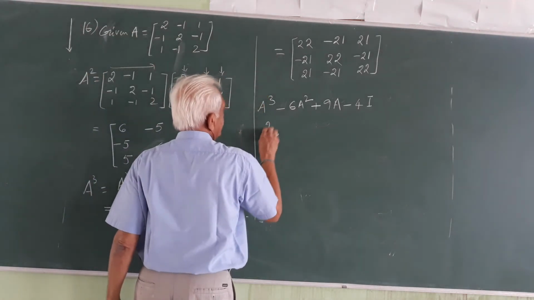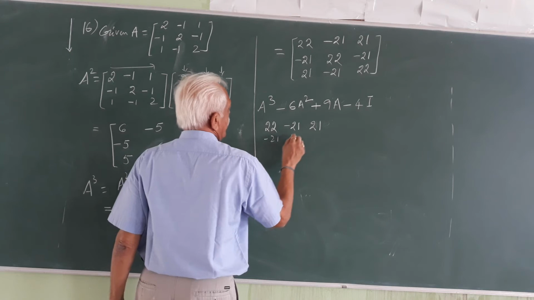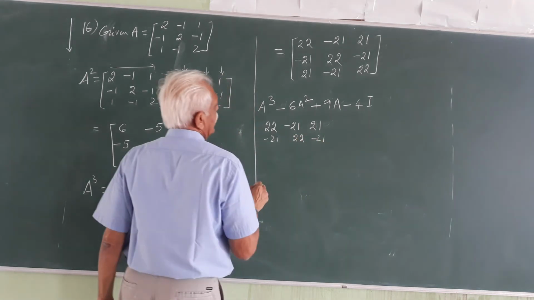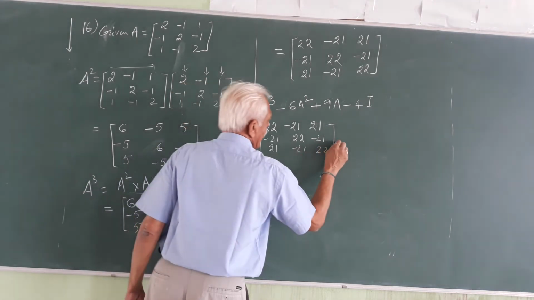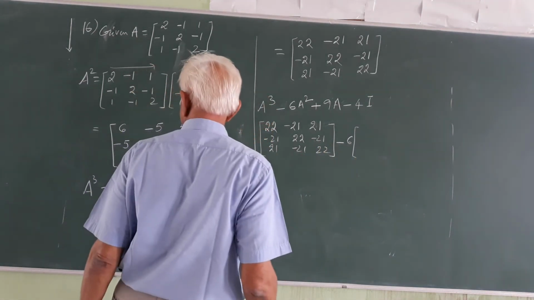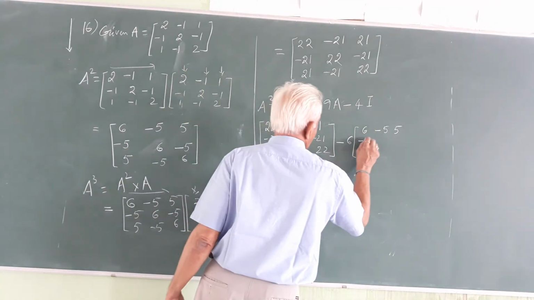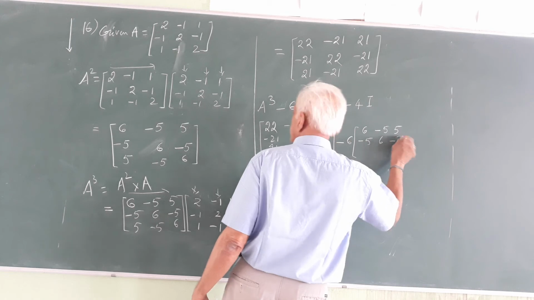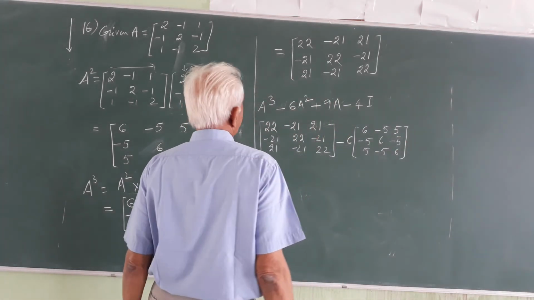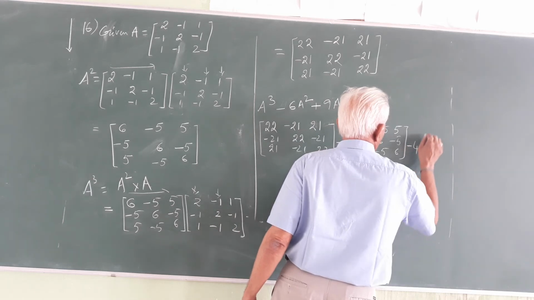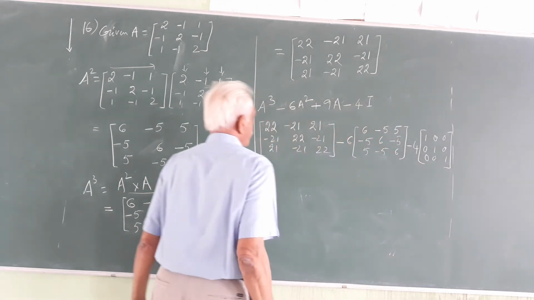Substitute the matrices: [22 -21 21; -21 22 -21; 21 -21 22] minus 6 into A square, that means [6 -5 5; -5 6 -5; 5 -5 6], plus 9A, minus 4I, where I is [1 0 0; 0 1 0; 0 0 1].